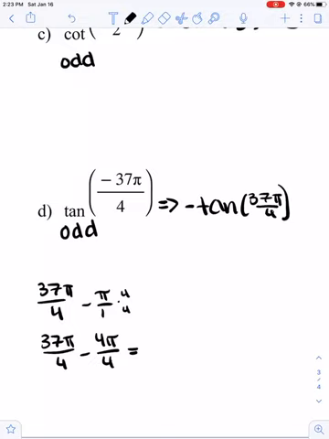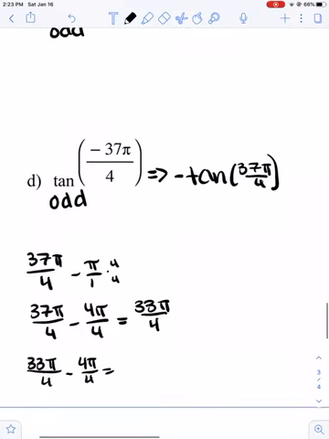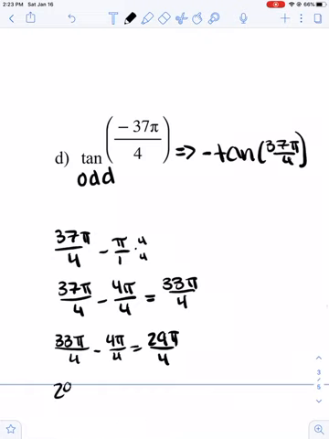This gives us 33 pi over 4, subtract 4 pi over 4 again. That equals 29 pi over 4.